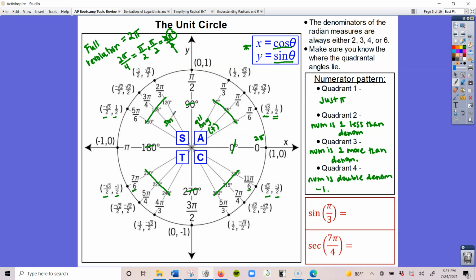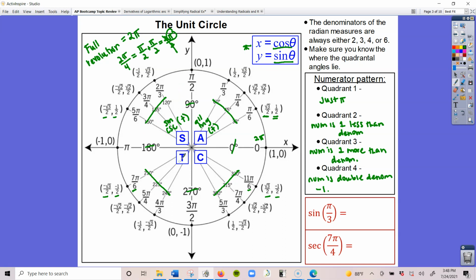So only sine will be positive as well as its reciprocal function, which the reciprocal of sine is cosecant. So only sine and cosecant will be positive. So if you know that your angle is located in quadrant 2 and I asked you for tangent, the tangent would have to be negative because only sine and cosecant are positive in quadrant 2.